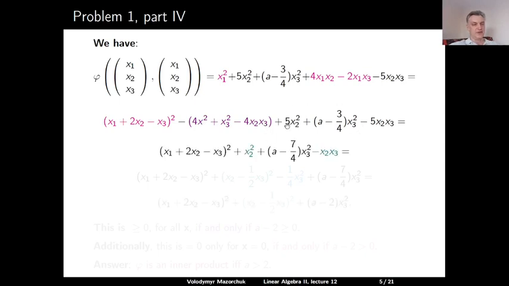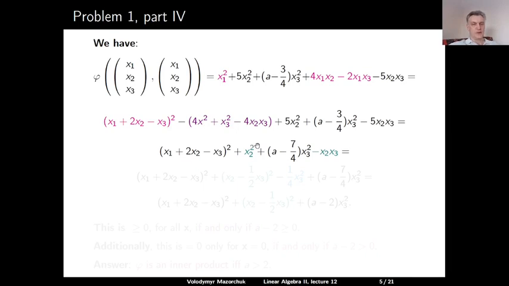So now we can simplify this expression to (x1 plus 2x2 minus x3) squared plus x2 squared, which is 5x2 squared minus 4x2 squared, plus x3 squared with a coefficient (a minus 7) divided by 4, so (a minus 3) divided by 4 is here, and minus 1 comes from here. And finally, minus x2x3, so minus 5 comes from here, and plus 4 from here.